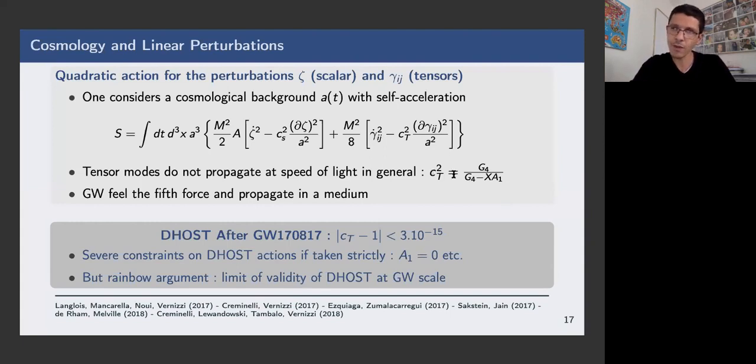The reason why you have ct different from 1 is that physically, the gravitational waves propagate in a medium, which is made by this dark energy. And in the medium, the speed of the gravitational waves is modified. In a sense, the gravitational waves feel the fifth force. And this makes the speed of gravitational waves different from 1.